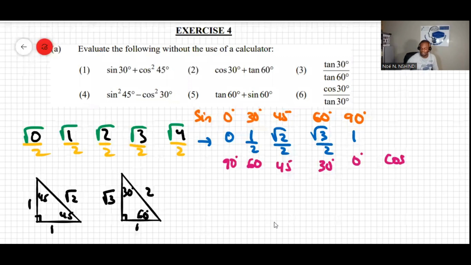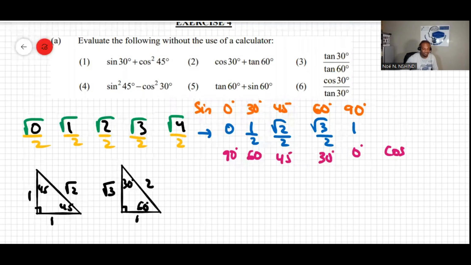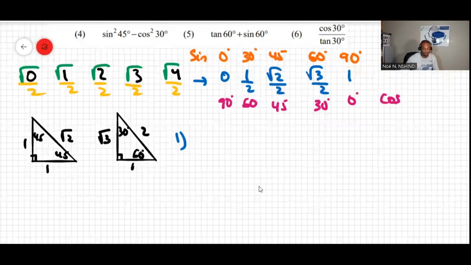Now, if I start to answer the questions, I'll say question 1, for instance, sin of 30 degrees. I can look here, sin of 30 degrees is 1 over 2, or I'll do opposite. If you use this method, you need to have also the formulas here. You know that sine of the angle is opposite over hypotenuse, or y over r.